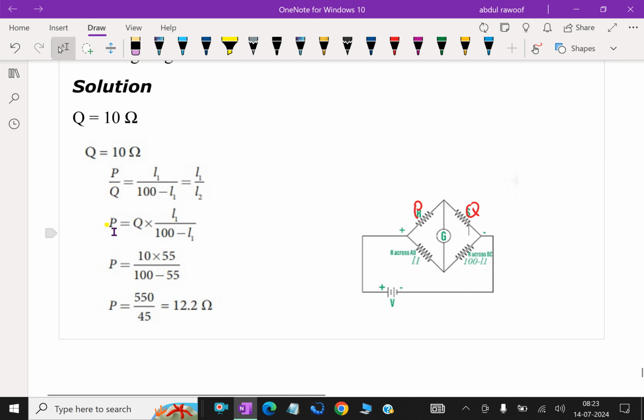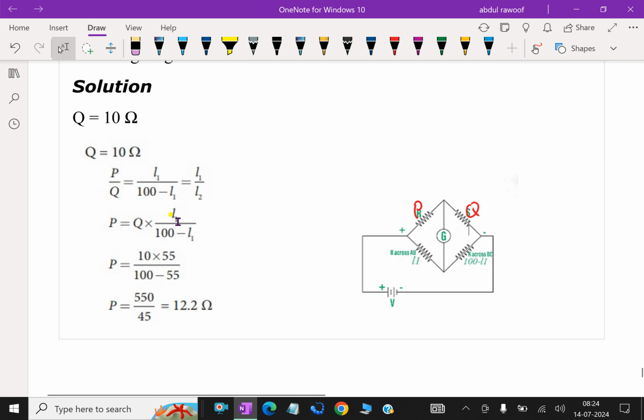So by cross multiplying, P equal Q into L1 over 100 minus L1. From this we use Q equals 10 and L1 is 55 by balancing the Wheatstone meter bridge.